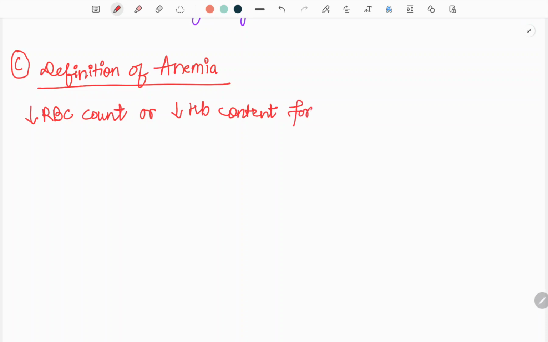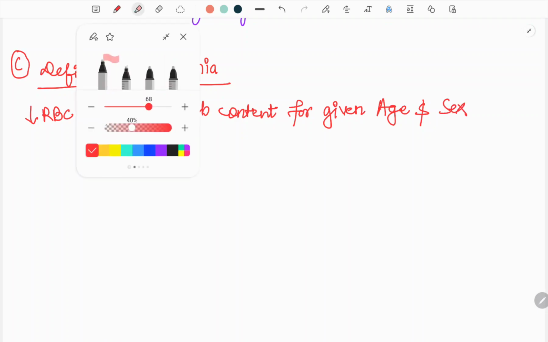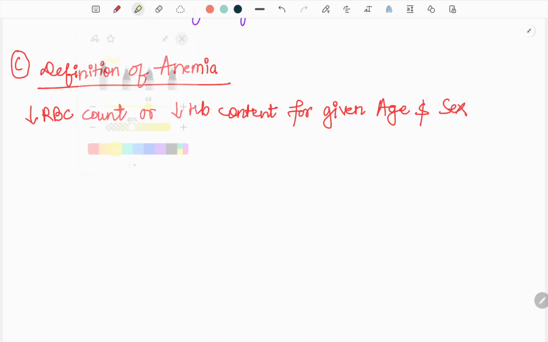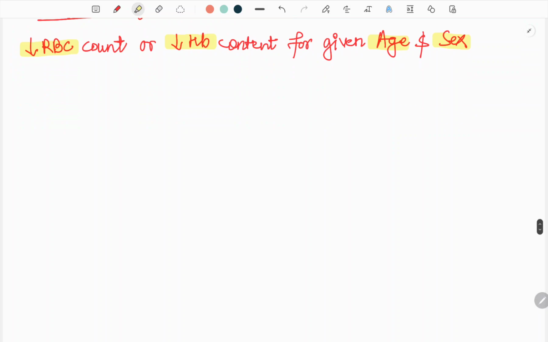This line is very important: for given age and sex. So you should know these things. First, decrease in RBC count. Second, decrease in hemoglobin content, for a given age and sex.